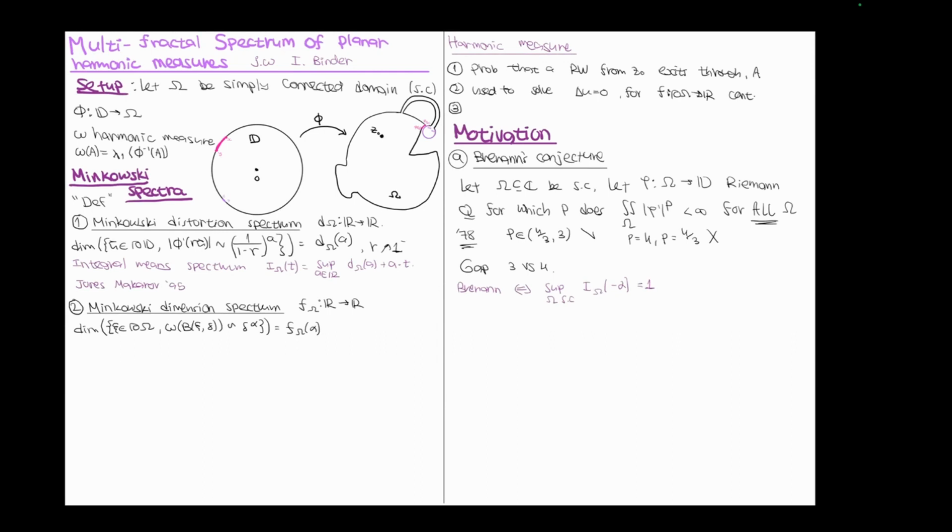They showed that if you look at the universal integral mean spectrum evaluated at 2 minus epsilon, this is equal to 1 minus epsilon plus an error term of epsilon squared. So of course we should think of epsilon as going to 0. Okay, so this is one motivation.